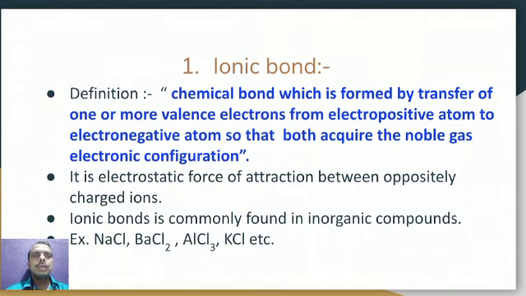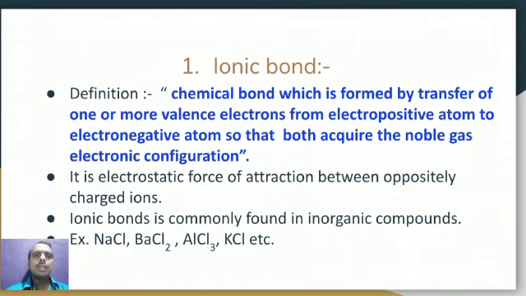Means during the ionic bond formation, of the atoms present in that molecule, one atom acts as electropositive and the other atom acts as electronegative. And what happens whenever the electropositive and electronegative atoms are present in the molecule?